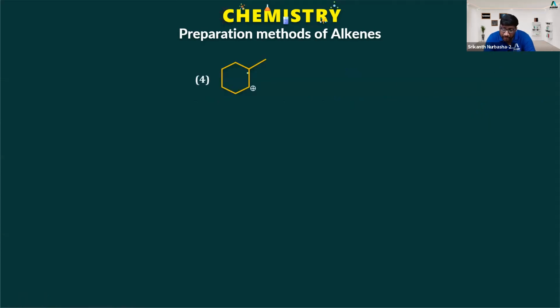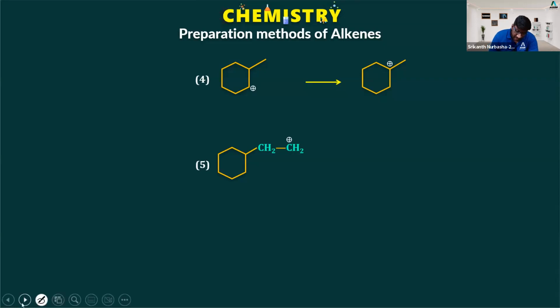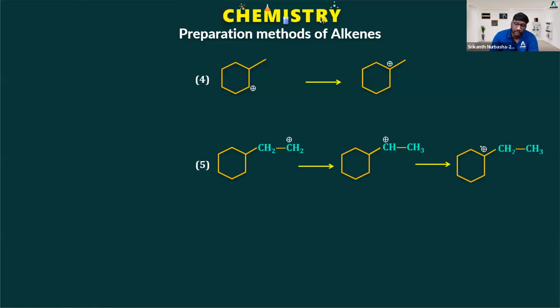Here what type of shifting happens? A 1,2 hydride shift, and a 3-degree carbocation is obtained. Here a 1,2 hydride shift, again a 1,2 hydride shift, and we generate a 3-degree carbocation. Here in the sixth, what type of shifting occurs?